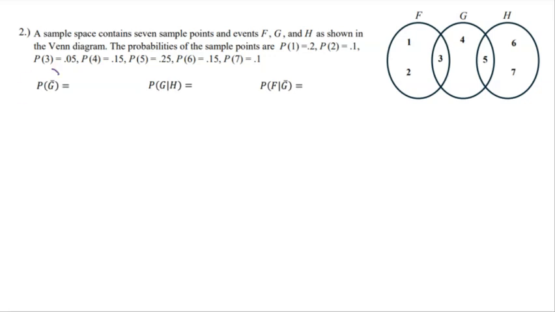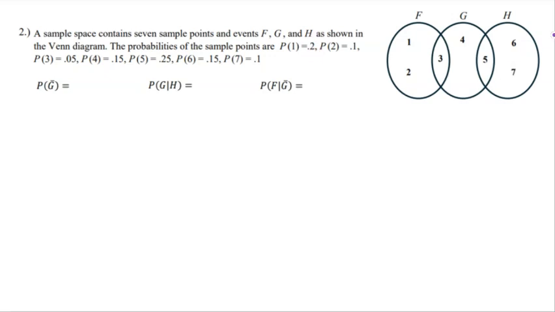The first question says, what is the probability of the complement of G? Well, we know that the complement of G means everything that's not in G. Well, what is in G? Here's G, and it includes 3, 4, and 5. So everything not in G is 1, 2, 6, and 7. So really we just need to add up the probabilities of 1, 2, 6, and 7.